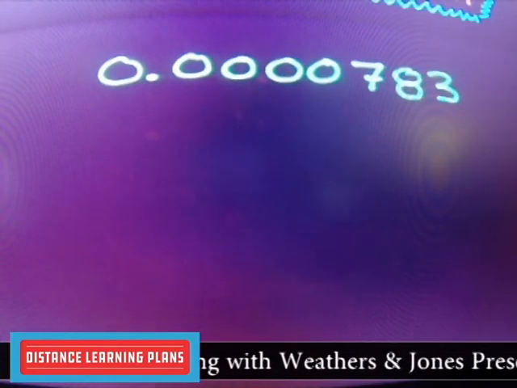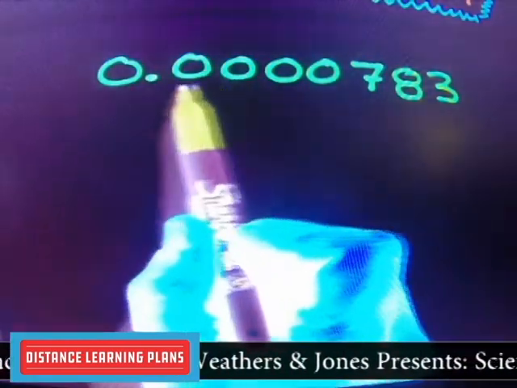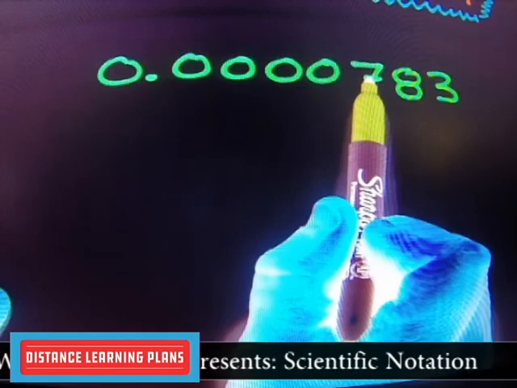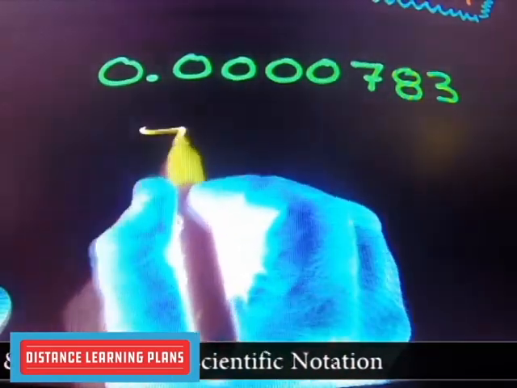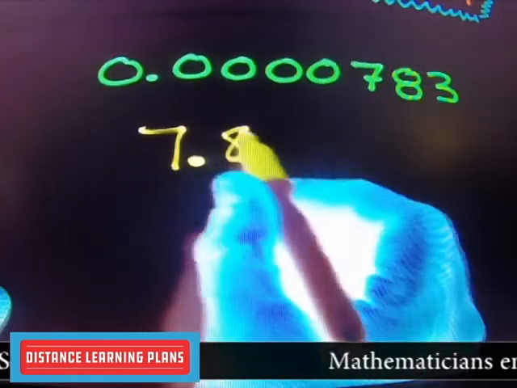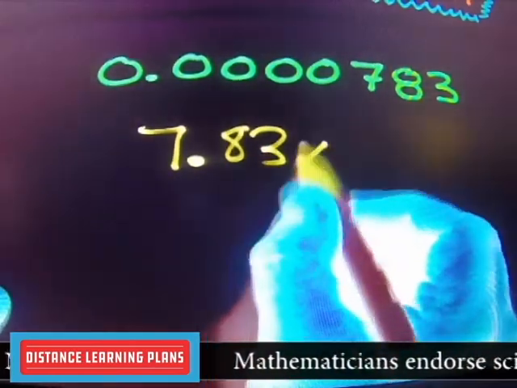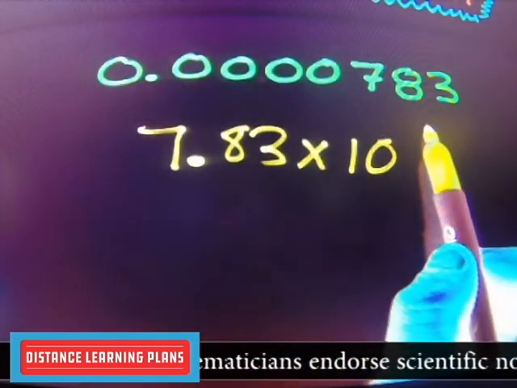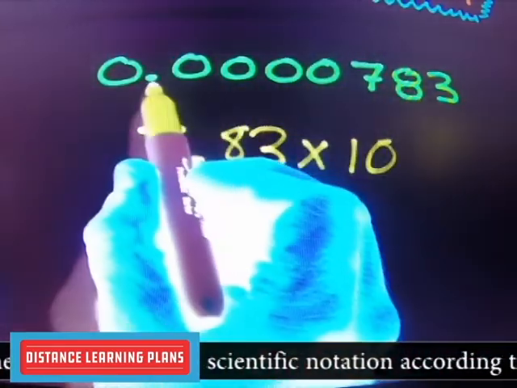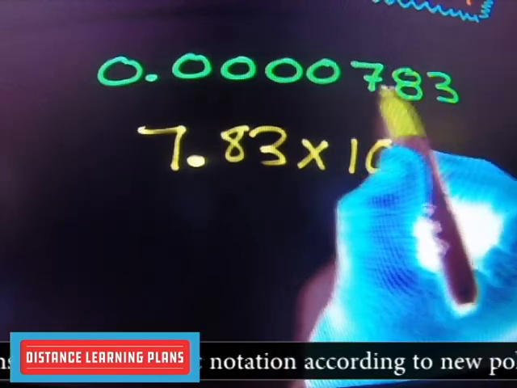All right, then let's take a look at that small number, 0.0000783. To write scientific notation with a number that's really small, go this way and see that 7 is the first number that's not a 0. So you write 7, then a decimal point, then the rest, 8, 3, times 10. And we have to find the exponent that goes here. If our number's really small, we move the decimal in between the 7 and the 8.